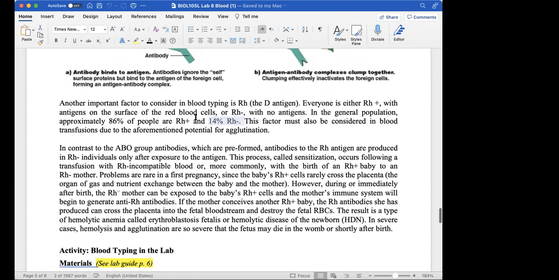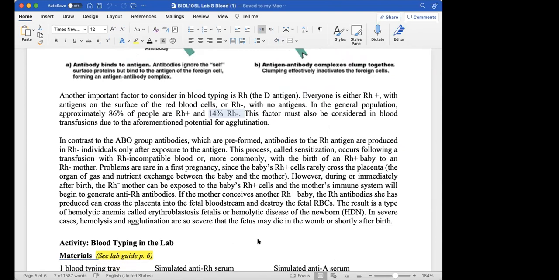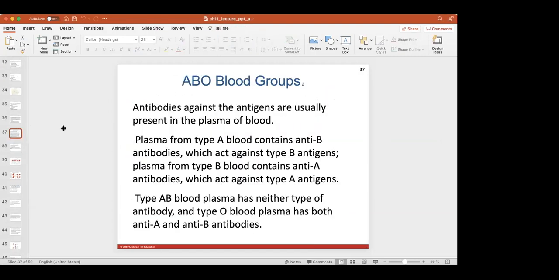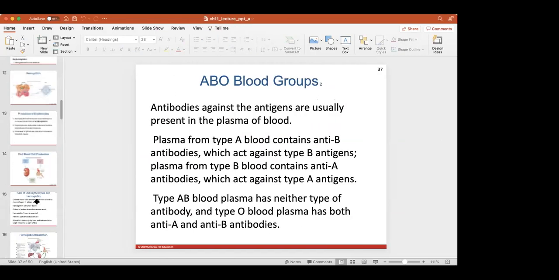And I'm going to talk a little bit about this Rh factor by showing you this PowerPoint, and I'm going to describe why this is important in pregnancy.